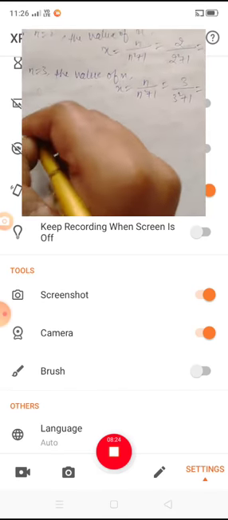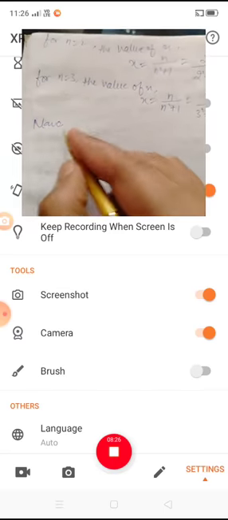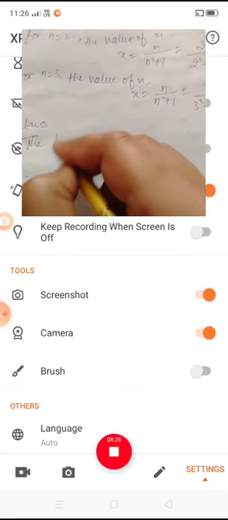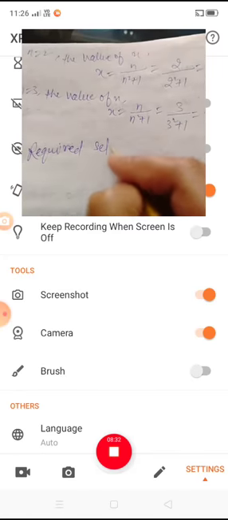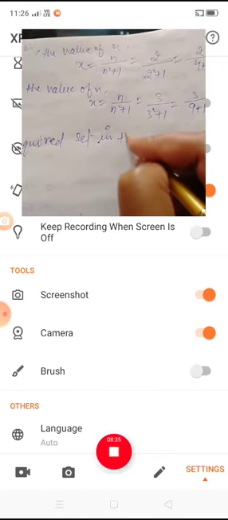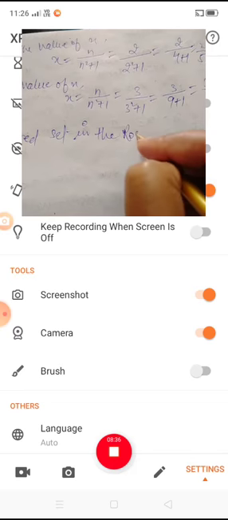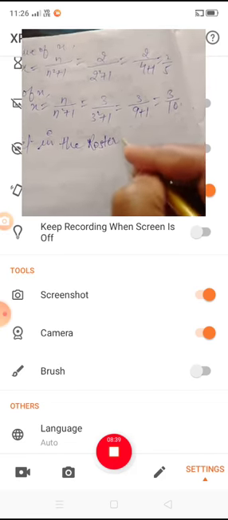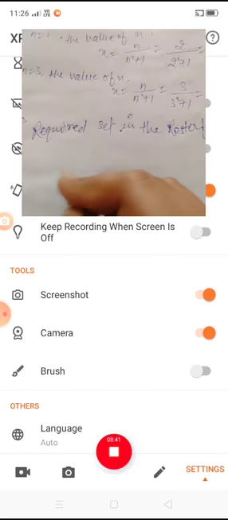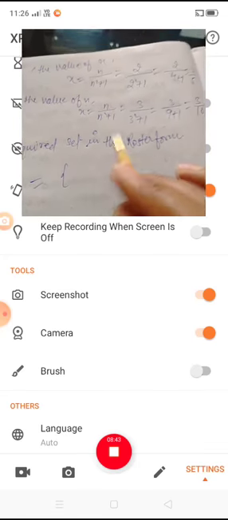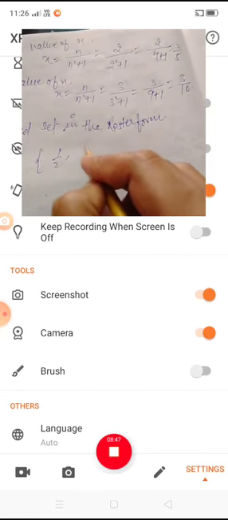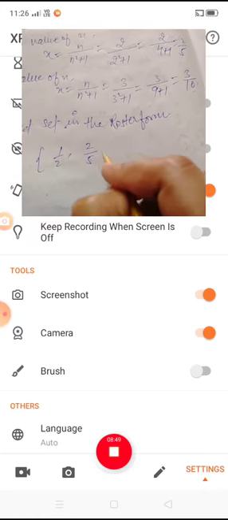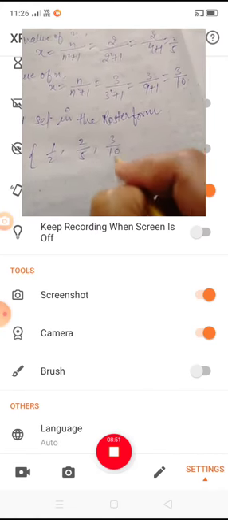Now the required set in roster form is simply {1 by 2, 2 by 5, 3 by 10}.